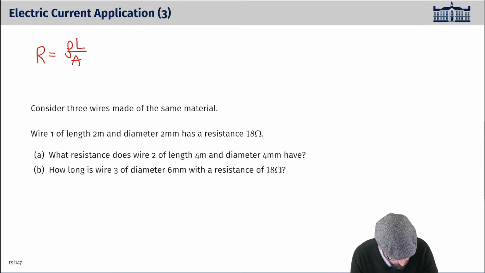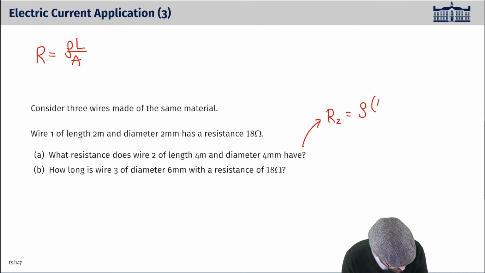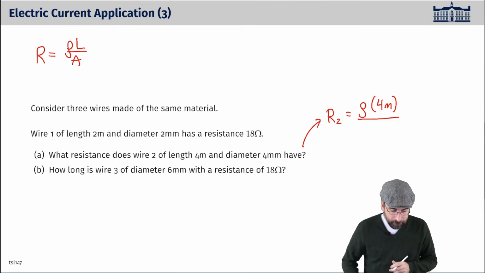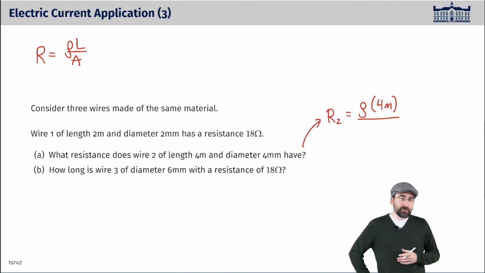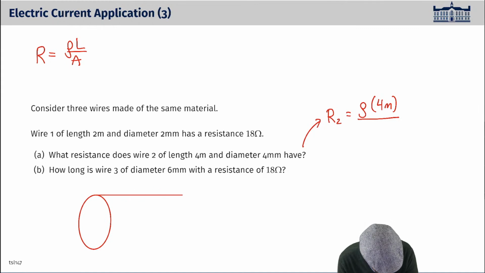But we'll note if we try to just calculate the resistance of this second wire by just plugging in our values, the resistance of wire 2 is this times the length, which is 4 meters, divided by the area. Well, we're not told this explicitly, but we're given a diameter, so it's safe to assume that this has a circular cross-section.